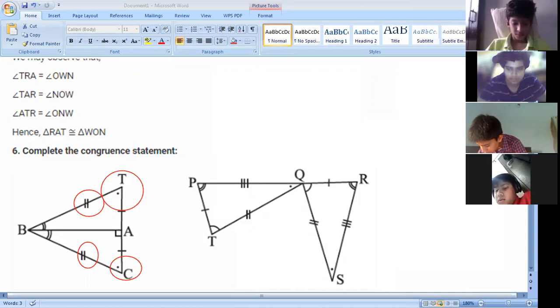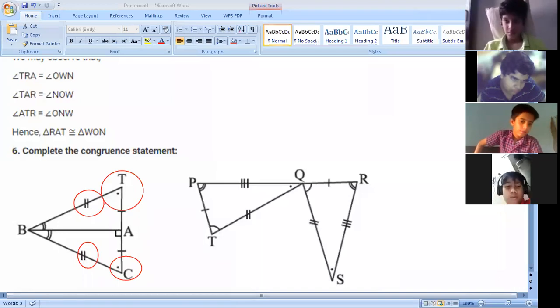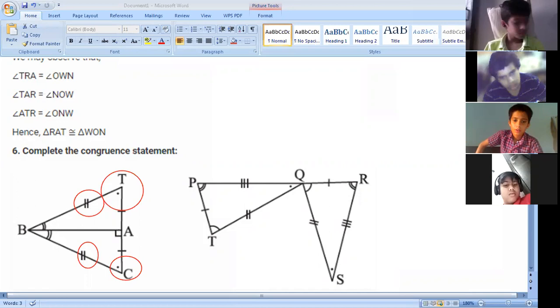Yes, Sharvil, can you tell me any other side which is equal, or any angle? Ma'am, CT is equal to PR.